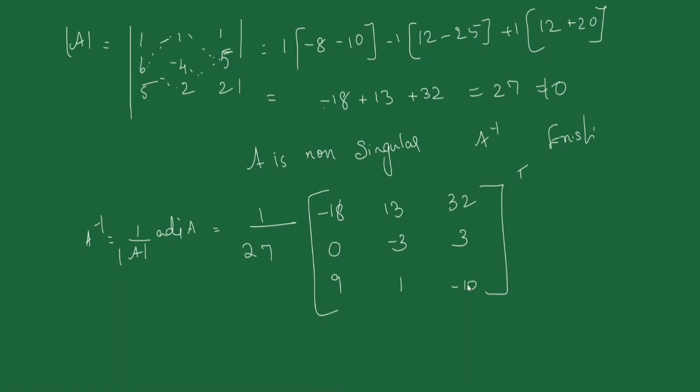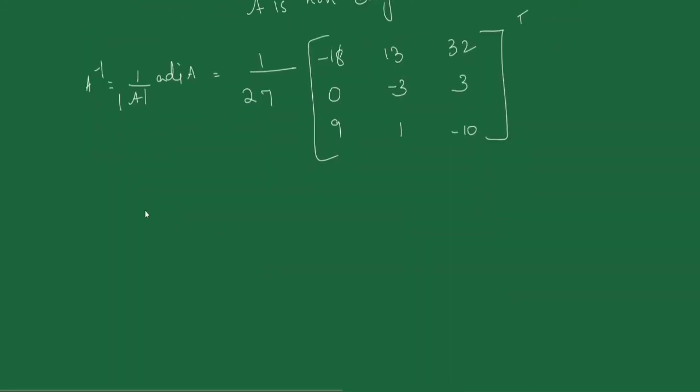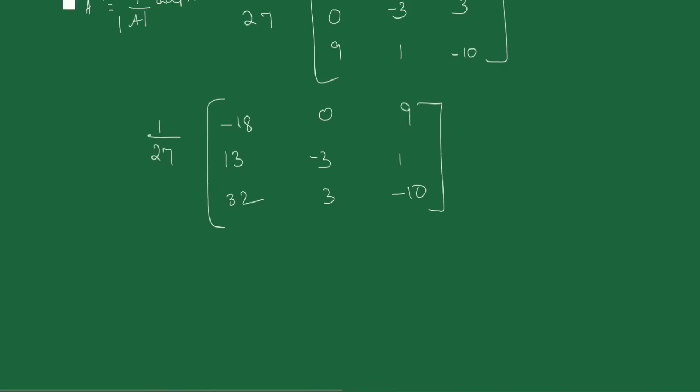So that is the cofactor matrix. The adjoint is, you have to take the transpose of this. So the transpose: first row is minus 18, 0, 9. Second row is the second column, that is 13, minus 3 and 1. Third row 32, 3 and minus 10. So what we got now is A inverse.